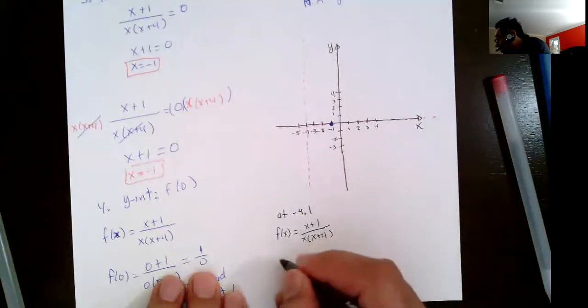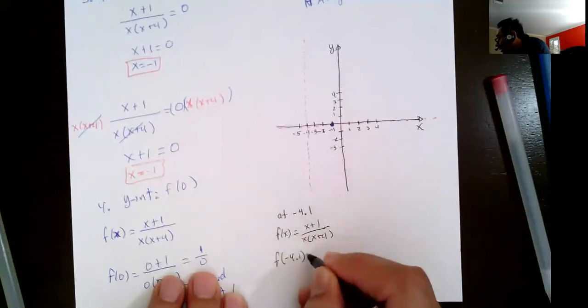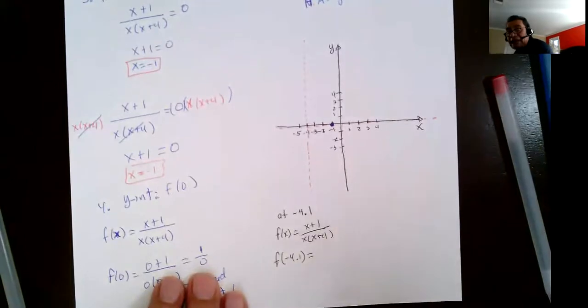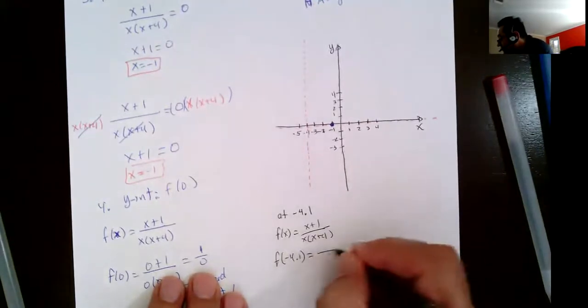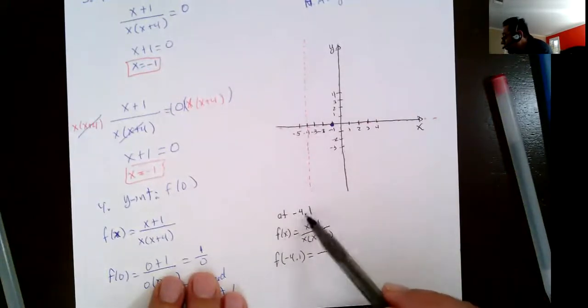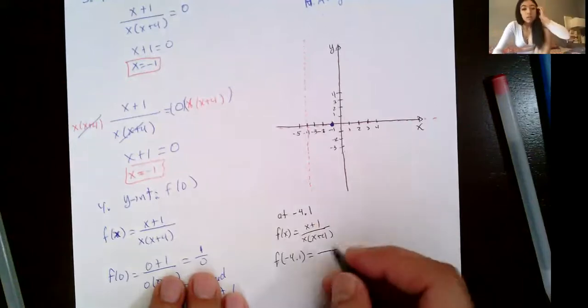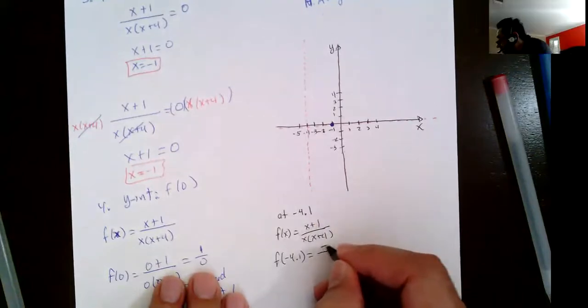In other words, we're going to evaluate f of x at -4.1. And all we care about is what the sign will be at the end. Let's do it together. What if we plug -4.1 into the numerator? What is -4.1 plus 1? What sign do we have in the numerator? Negative, -3.1. Yes, that would be a negative, right?